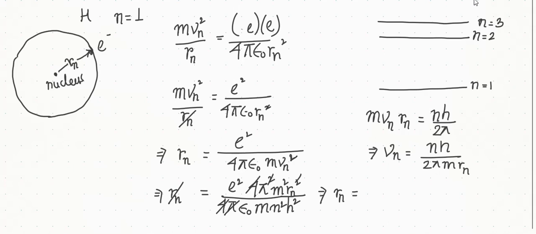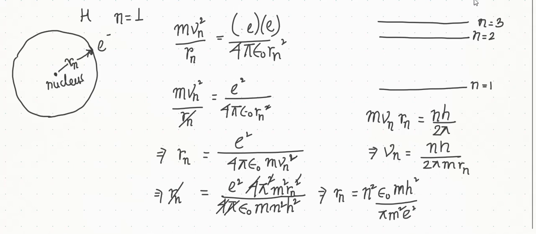Rn is equal to, if I take whatever is in the denominator to the numerator's side and flip the sides, n square epsilon 0 h square divided by pi m e square.